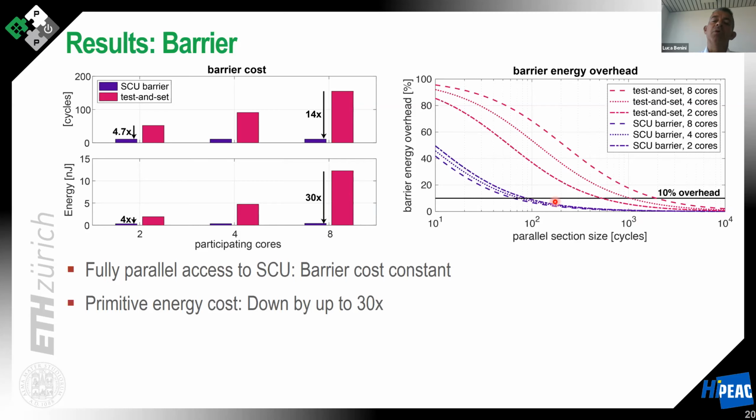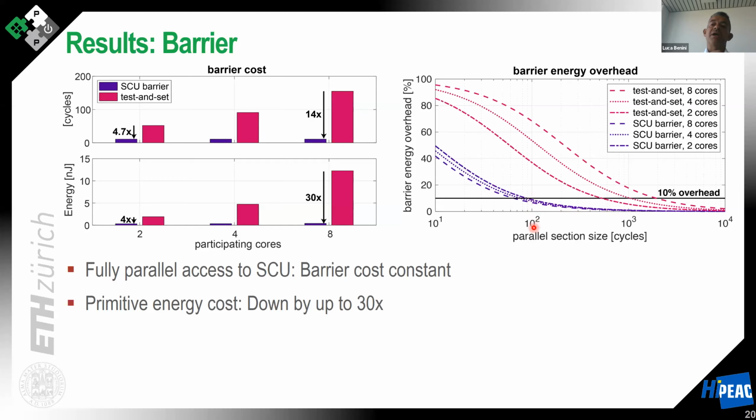So we need to be in a region where we can afford to also run very small parallel regions without a lot of overhead. And as you can see, when we use our SCU barriers, which are the blue lines here, we can afford, without impacting the execution time by more than 10%, so very low overhead from synchronization, even if our parallel sections are in the order of 100 cycles.